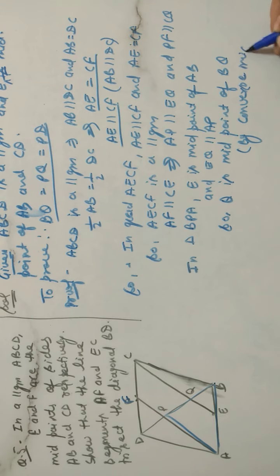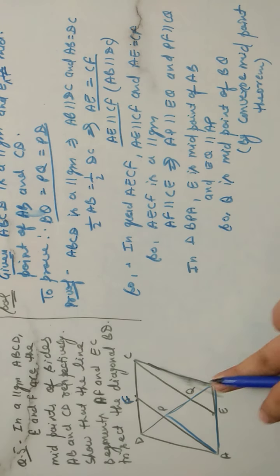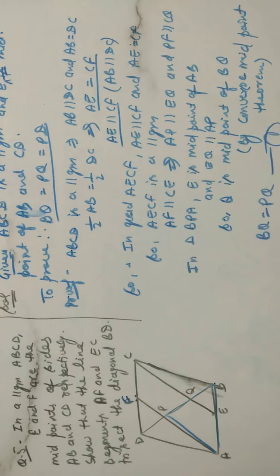Now if Q is the midpoint of BP, then what we get from here is that BQ is equal to PQ. This is our first equation.